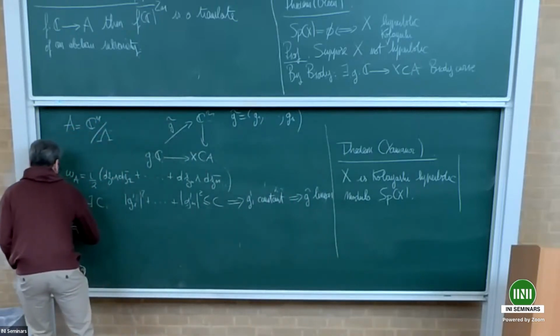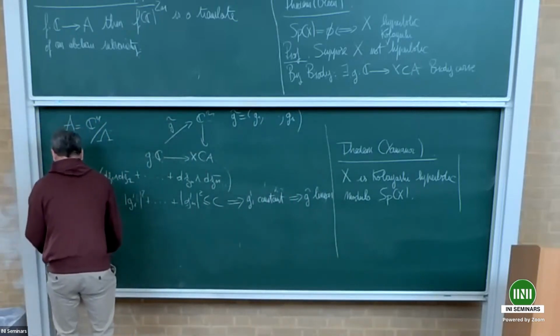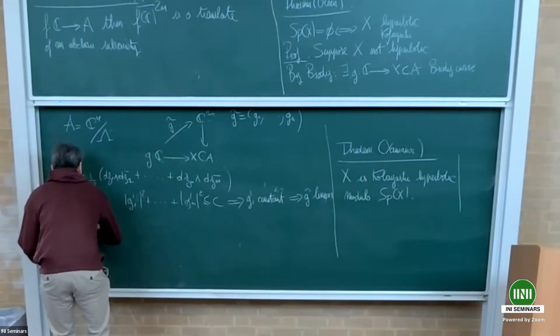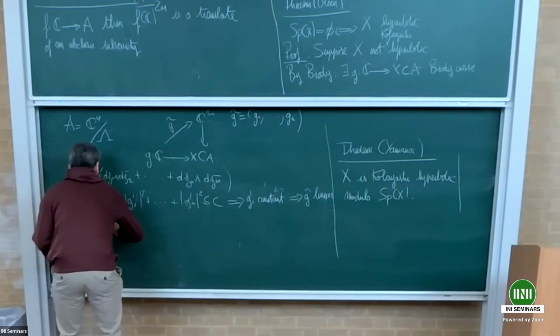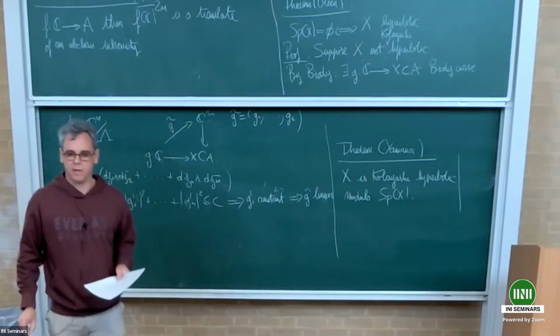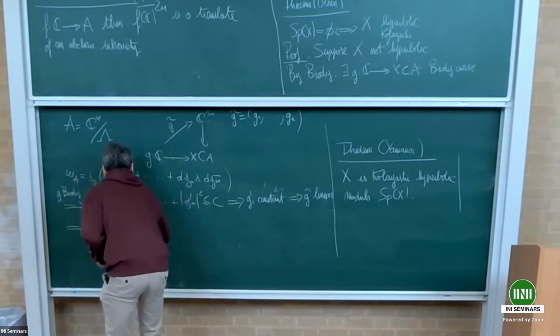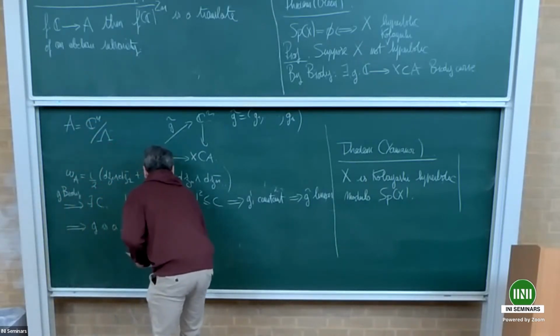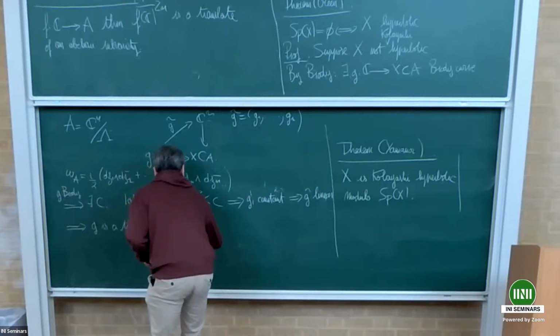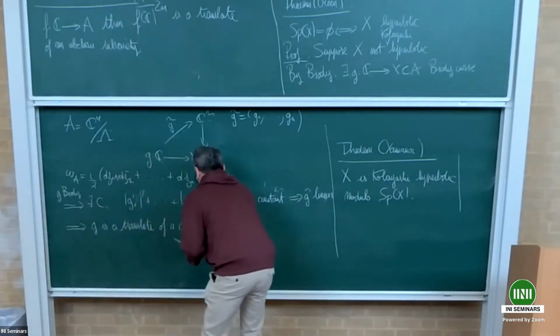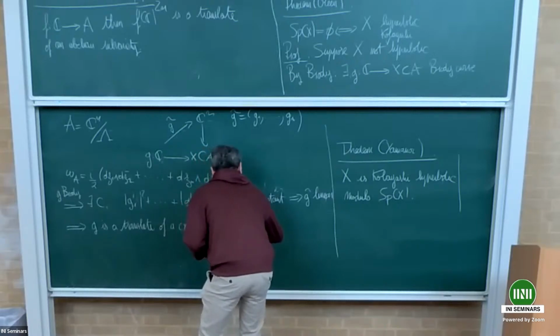And so you immediately obtain that g is a translate of a complex one-parameter group.